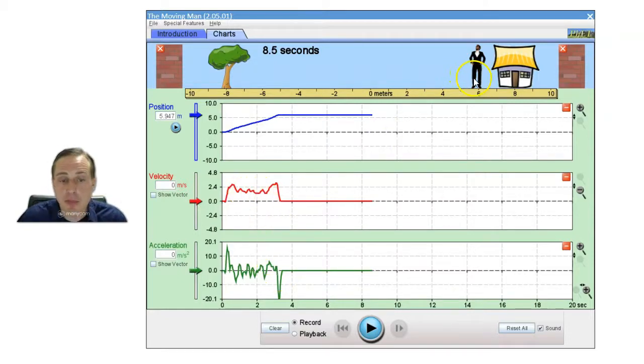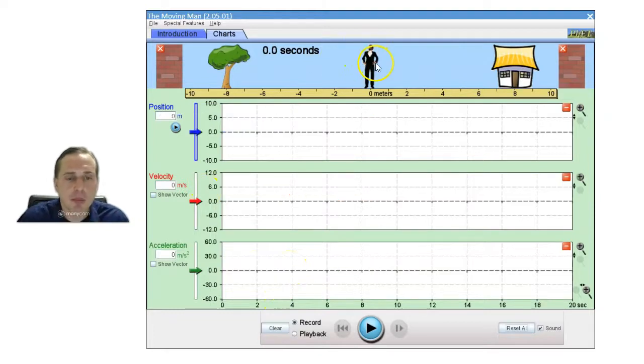But notice that when the man stopped, right around this 3.2 seconds or so, when I allowed him to stop, the velocity went down very suddenly and the acceleration was negative, and it's very largely negative very quickly. Now I'm going to do my best to give a constant acceleration. This is a little bit harder to do, so I'll do my best.